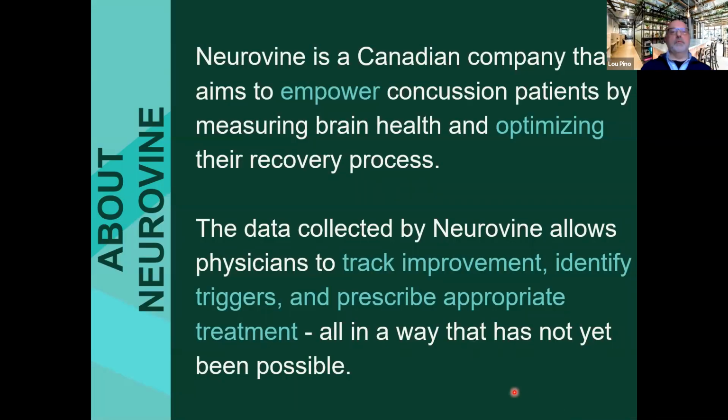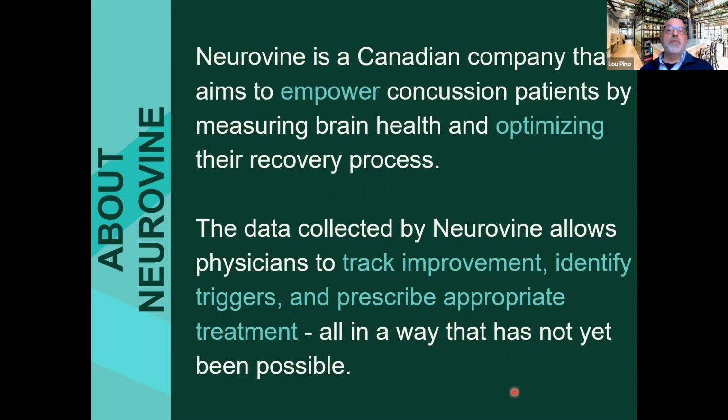Okay, so that was it for the evolution. I'm going to talk a little bit about Neurovine now. Digital health is transforming the healthcare industry to put the patient more in control of their own health. People have devices now that measure their heart rate and their blood pressure, et cetera, that they use to help them manage their own health.